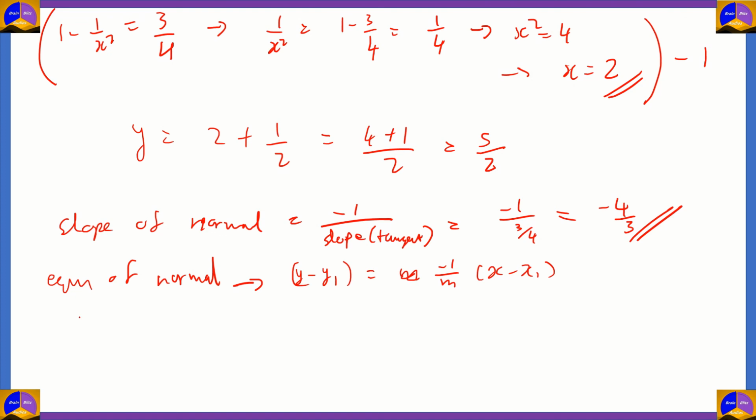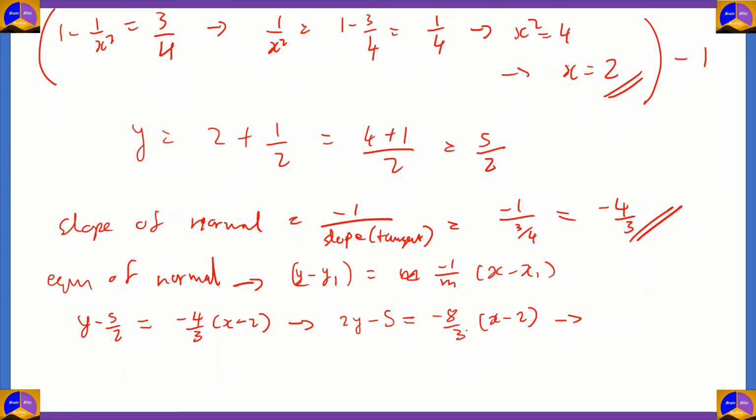So we have y minus 5 by 2 is equal to minus 4 by 3 times x minus 2. We'll convert the left-hand side to 2y minus 5. And so you can multiply the right-hand side by 2 as well. So that means minus 8 by 3 times x minus 2.